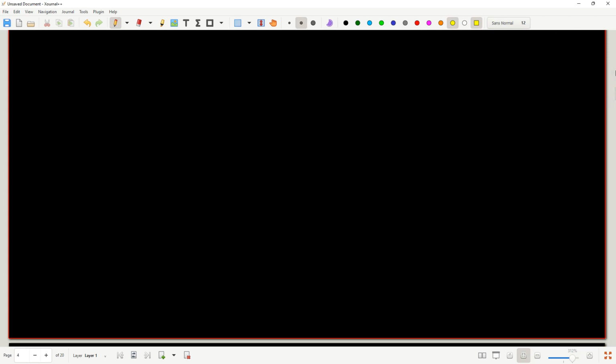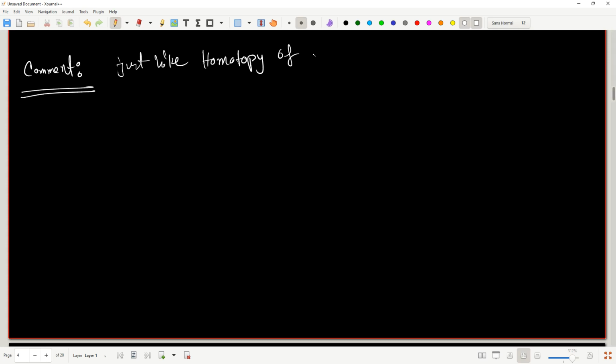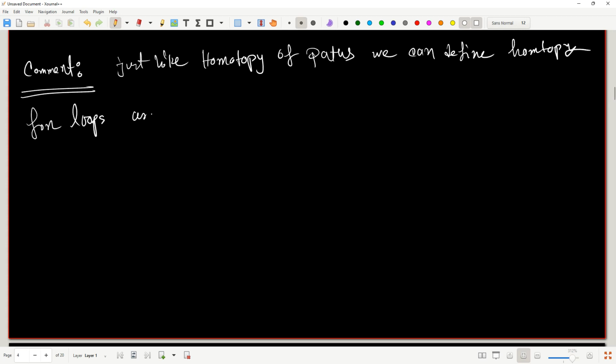Now I want to make a comment again. So this is a comment. Just like path homotopy, we can also define homotopy for loops as well.